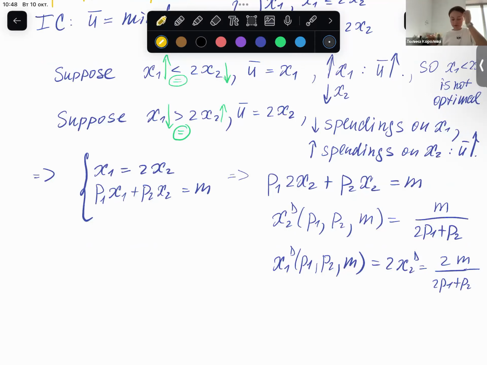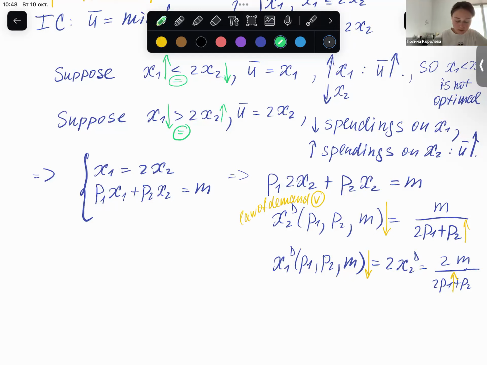Are they inferior or normal? As we see, the higher the price of good 2, the lower the quantity demanded. So law of demand, okay, we checked. Then the same for x1, the higher the price of this good, the lower the quantity demanded. So that's true for both demands.